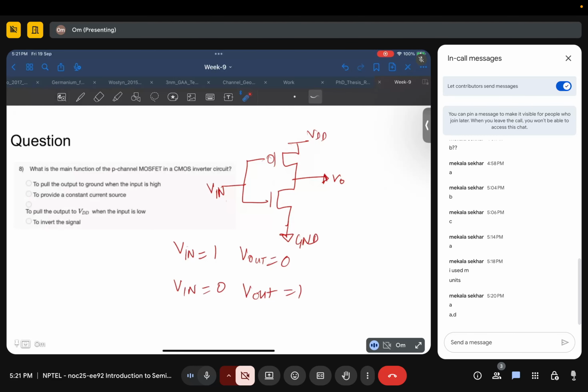So the answer is to pull the output to VDD when input is low. So it is option C, because when input is low or 0, then only PMOS will turn on. Rest all are incorrect.